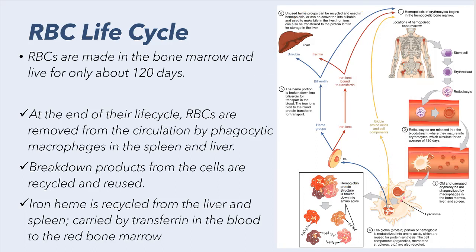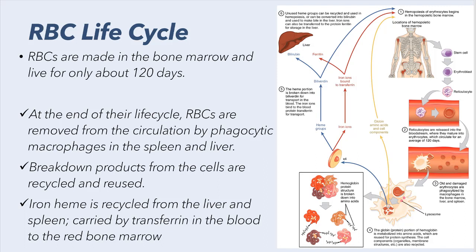Part of the heme group is broken down though and transformed into biliverdin, which we transport to the liver. And then in the liver, it's converted to bilirubin, which we know is eventually used to make bile, and then transferred into the small intestine.